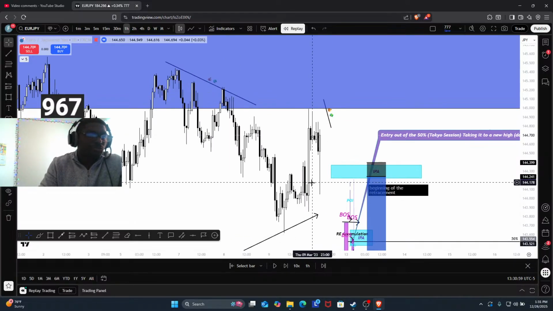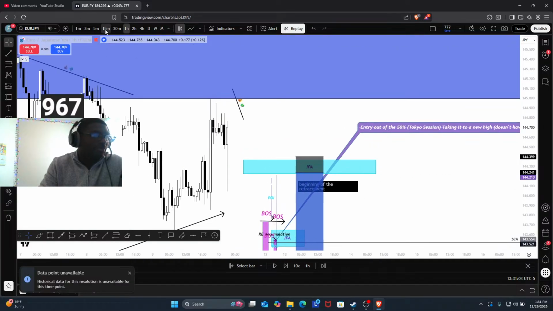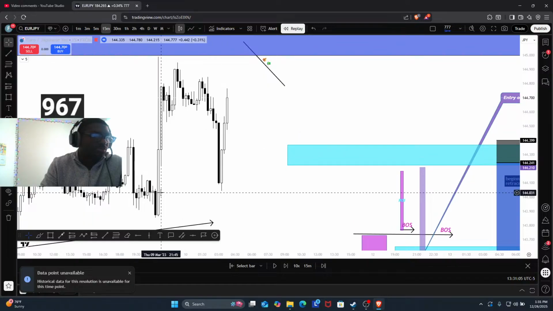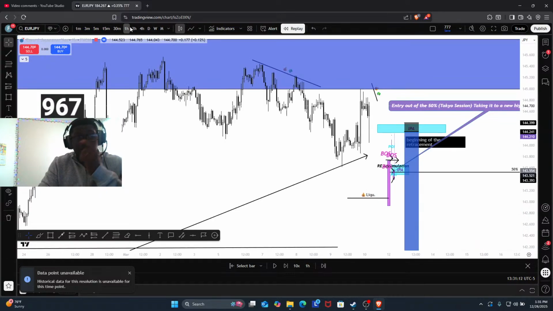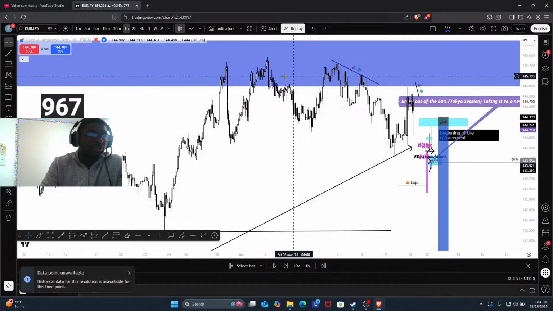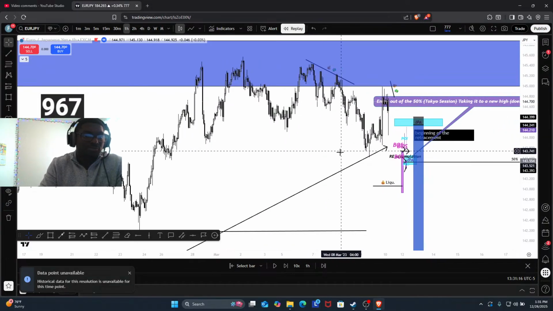All right, now you got an area that price did react off of and came back down here. Boom, popped up. Cool. But right now, I'm looking for sales because of this main area.